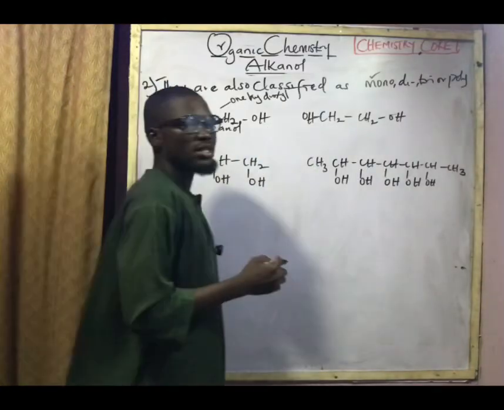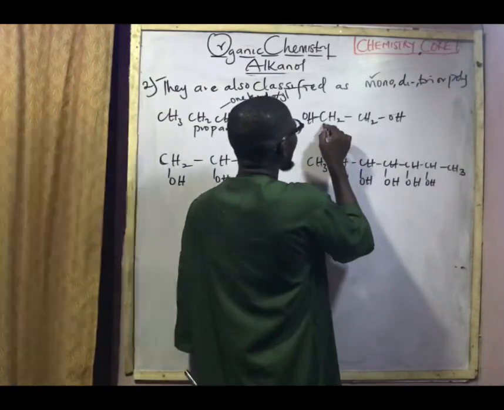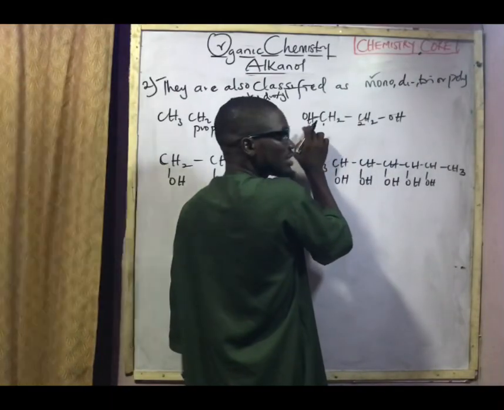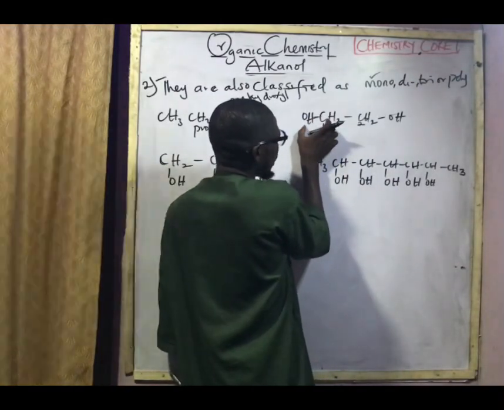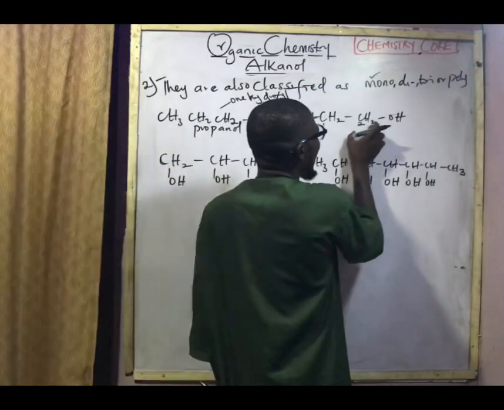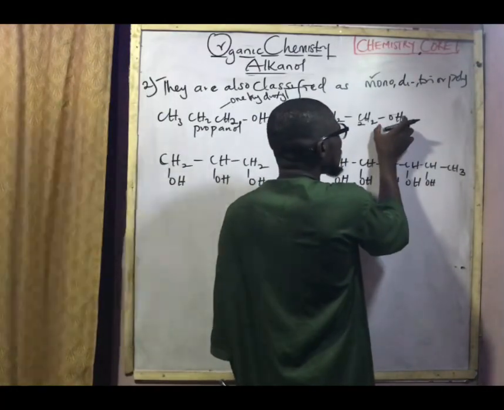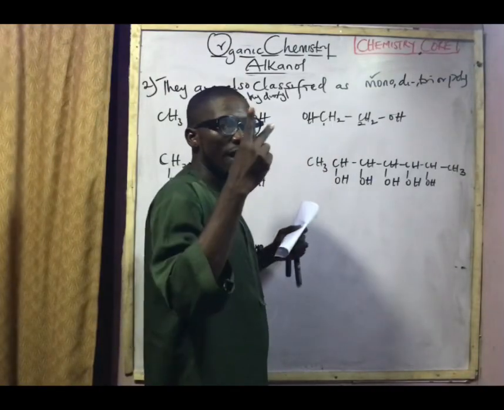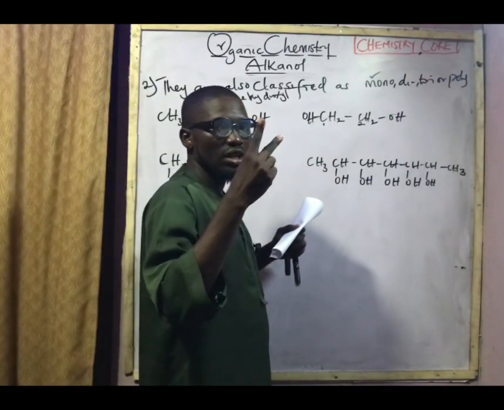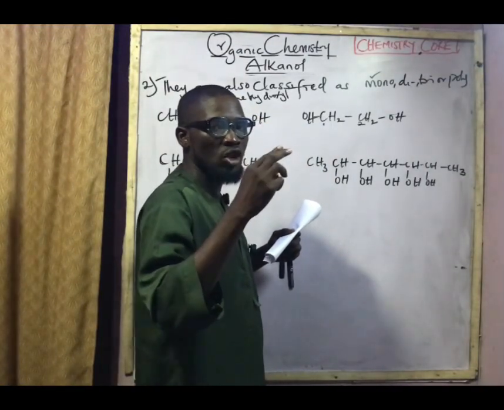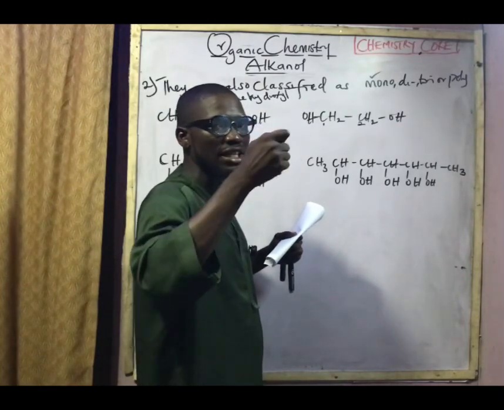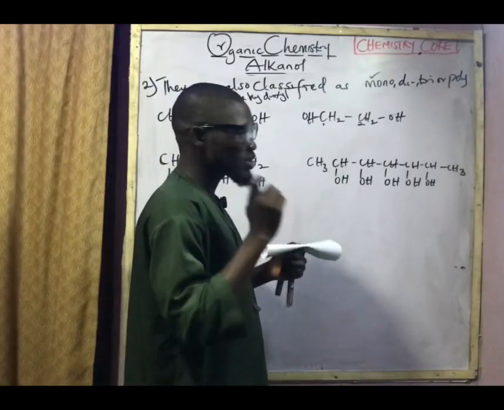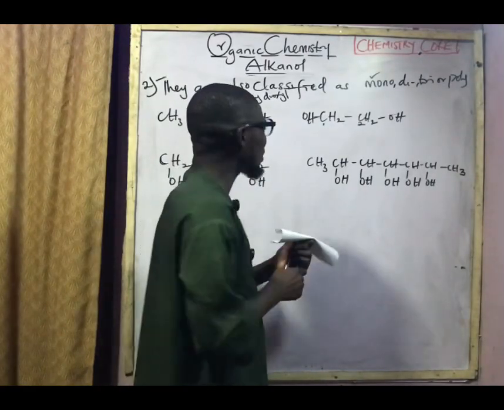So how can we name this? We have 2 carbon atoms. One OH is attached here, and the other is attached here, and the OH is a functional group. If we look at the longest chain, we have 2 carbon atoms, and with 2 carbon atoms under the alkanes, it is called what? Ethane. So how can we name this kind of compound?